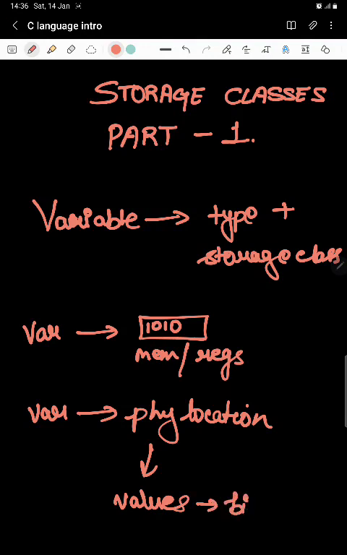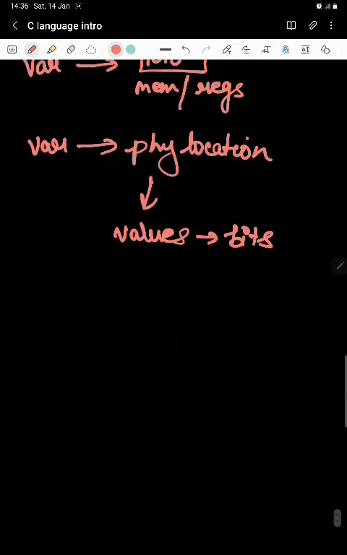So these bits are nothing but a representation of the values. One property of a variable is how to decide where this variable will be stored. This is defined by the property called storage class.